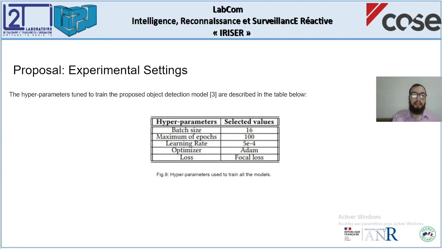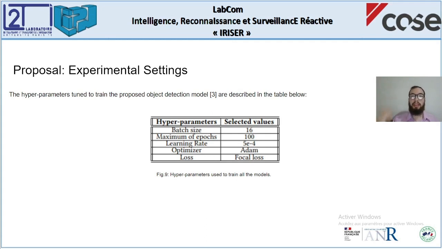Some of our hyperparameters: we researched the best parameters, and the best ones were a batch size of 16 images and a maximum of 100 epochs.